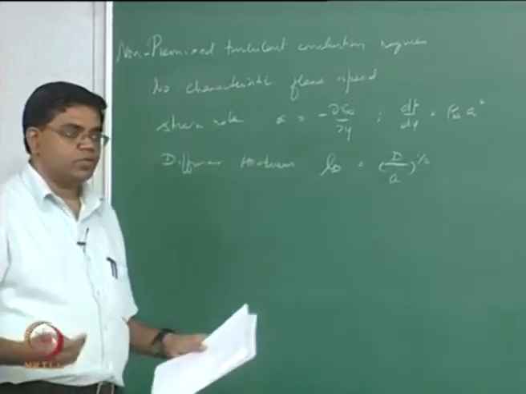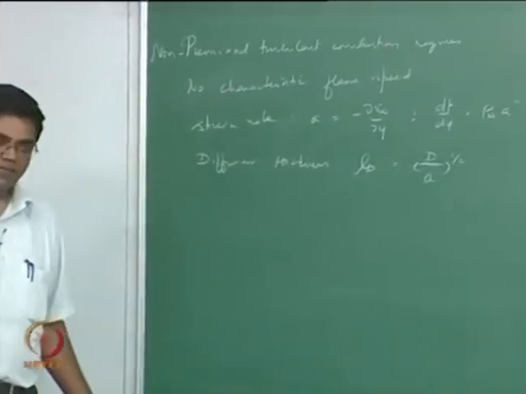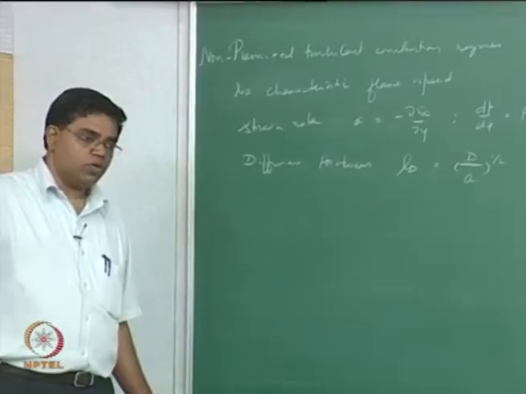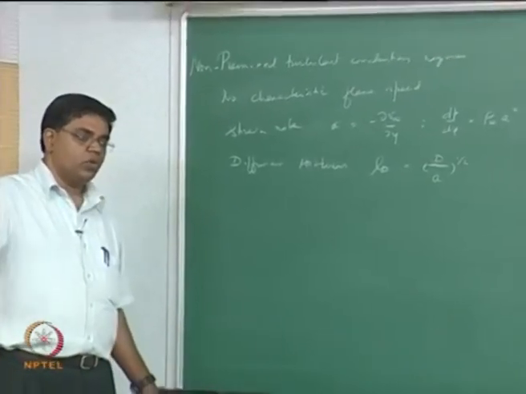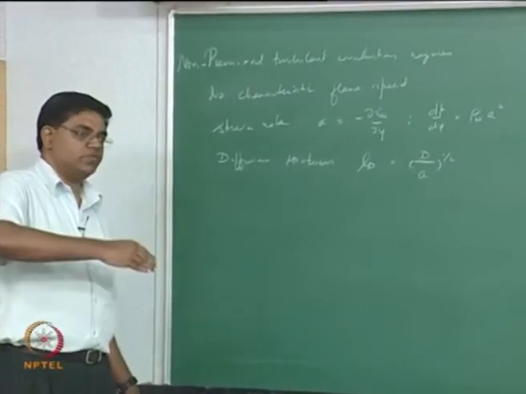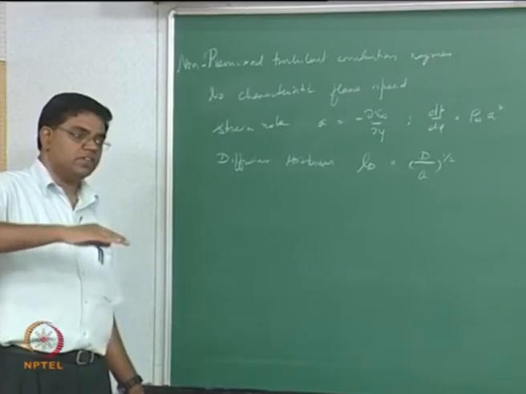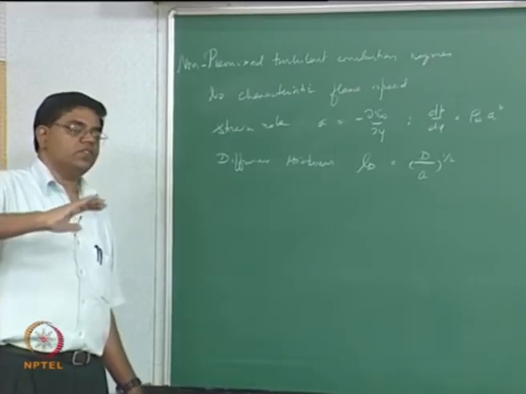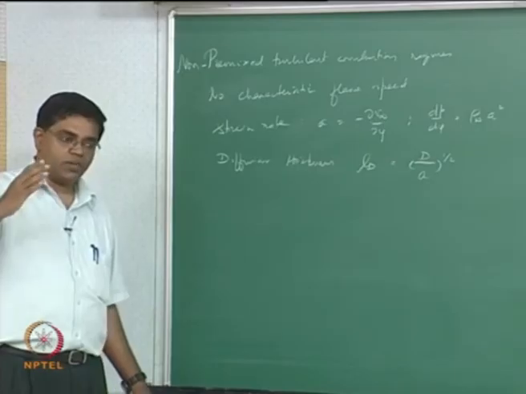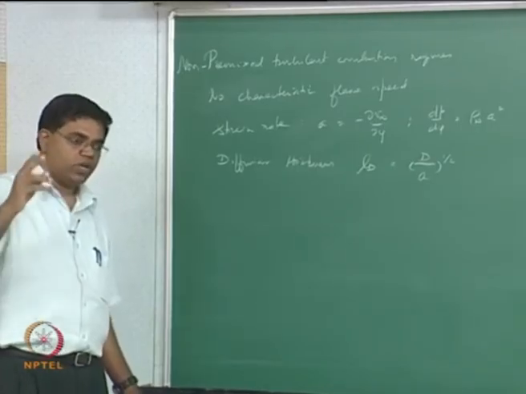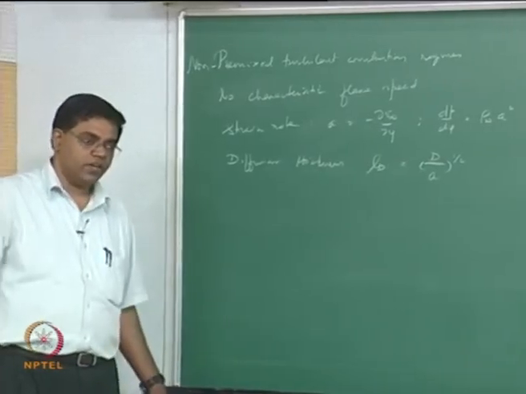So when you have diffusion flames, it's one thing to actually get the flame shape in physical space, but if you want to look at the flame structure, you are better off looking at the mixture fraction space, because in the mixture fraction space all the concentrations and temperatures are related to the mixture fraction, and if you supply the local mixture fraction you can find out how these things vary, right.